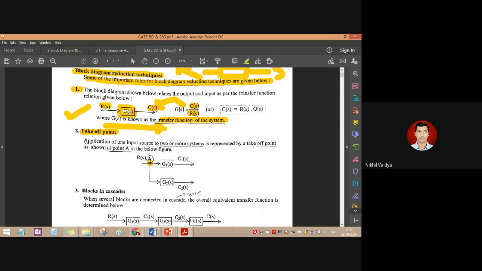Application of one input source to two or more systems is represented by a takeoff point, as shown as A here. Basically, a takeoff point is generally at the output side. At the output side, you will see there are two outputs coming out. They are nothing but C1 of S and C2 of S. So this is called a takeoff point.